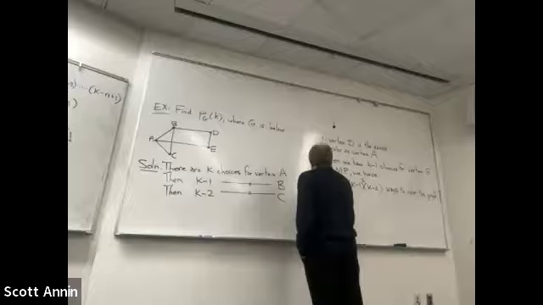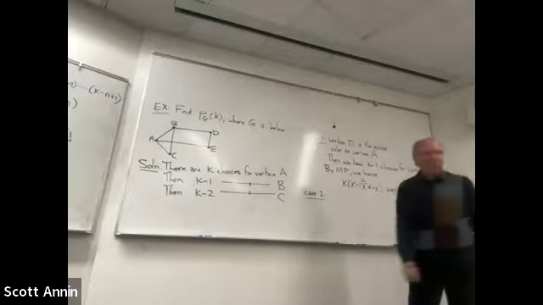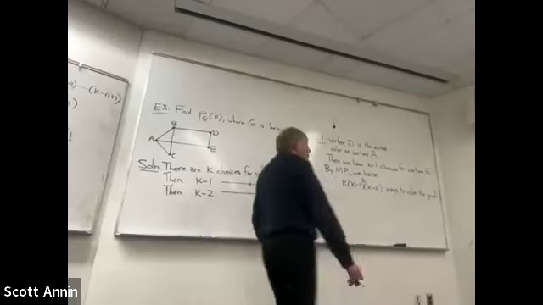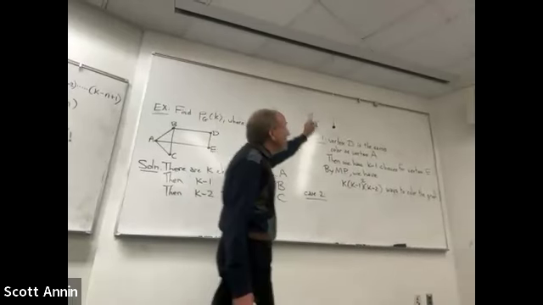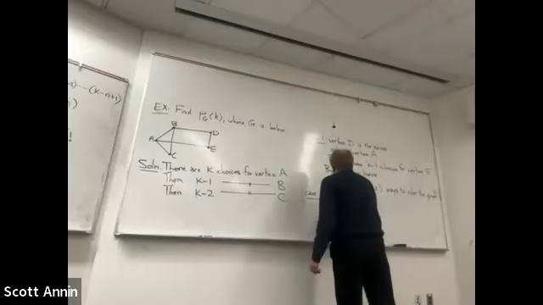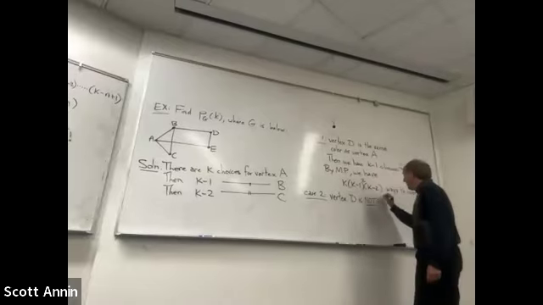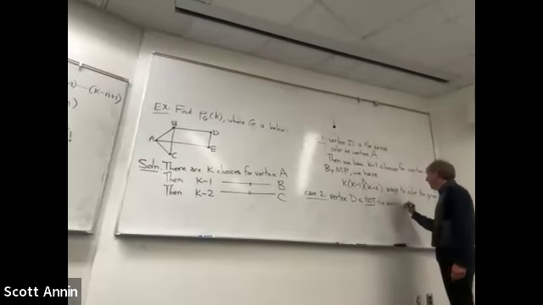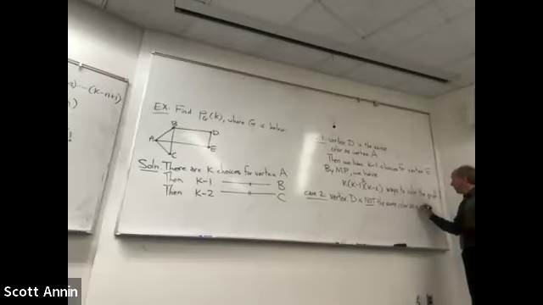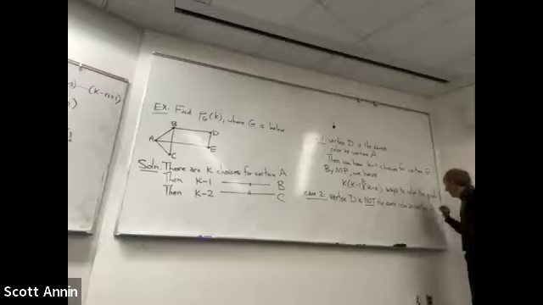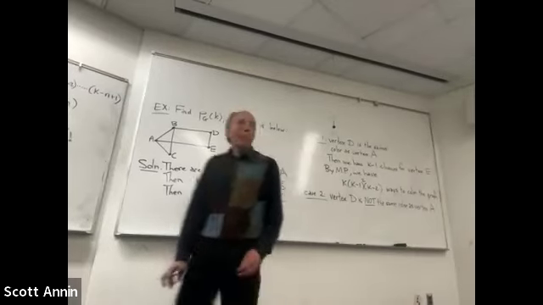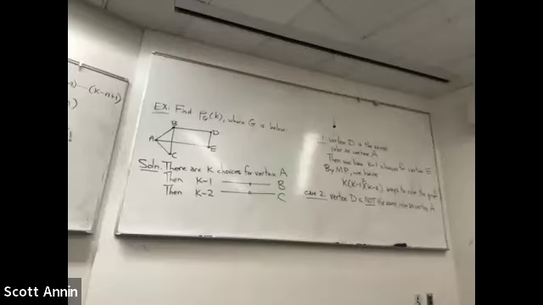We also have case 2. In case 2, we assume that vertex D is not the same color as vertex A. Well, that means now we actually do have choices about what color we use here.